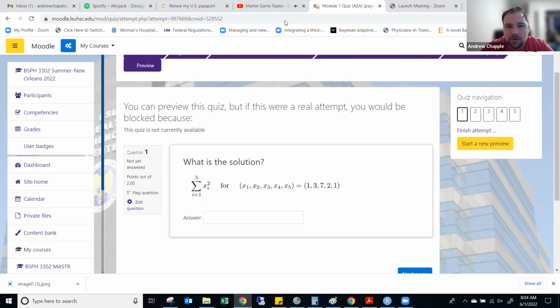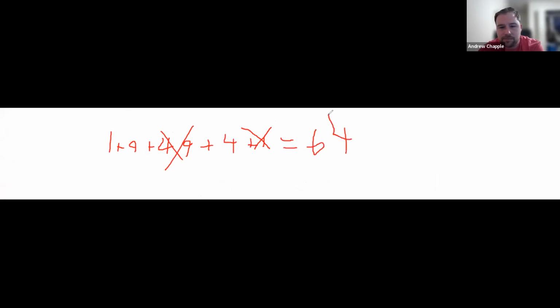So all I have to do here is add them up: 1 plus 9 plus 49 plus 4 plus 1. These are 50, and then collectively these are 14. So 50 plus 14 is 64, which is the answer.